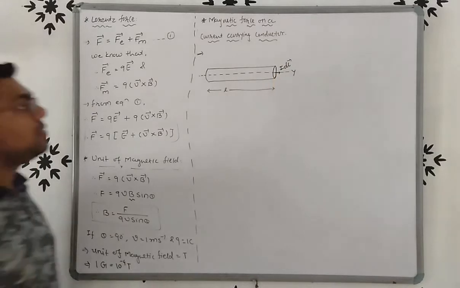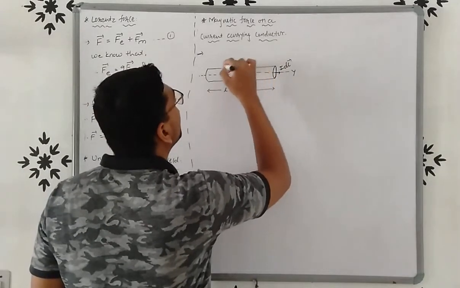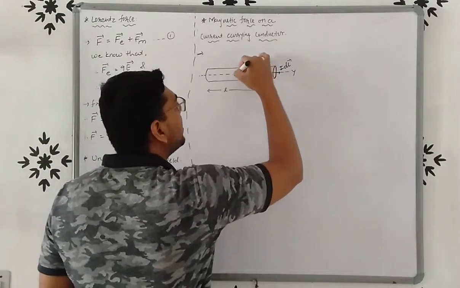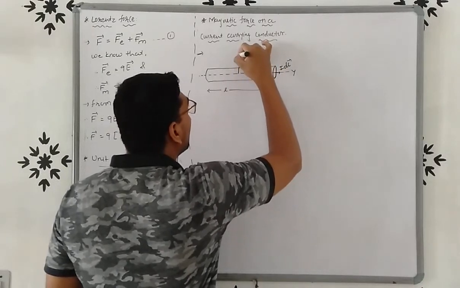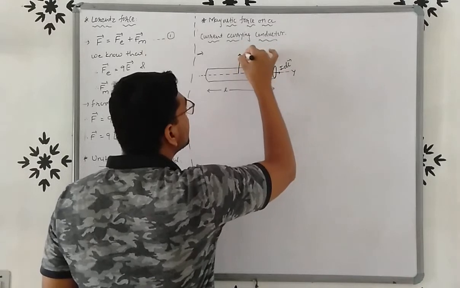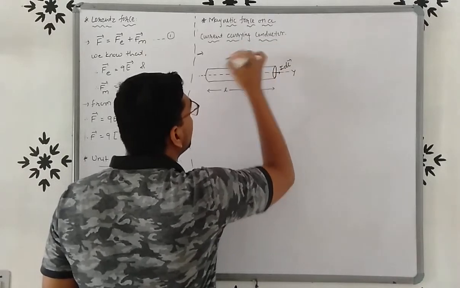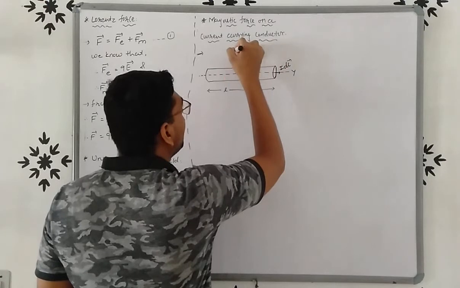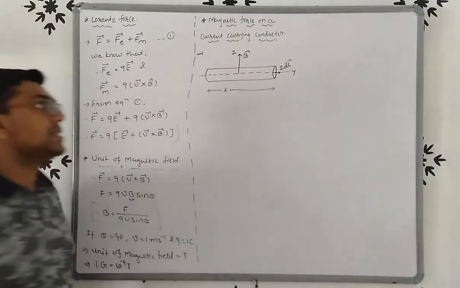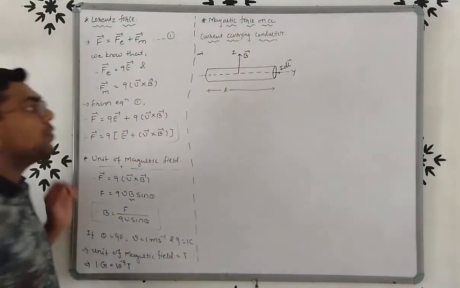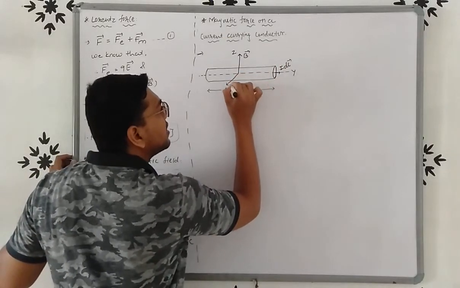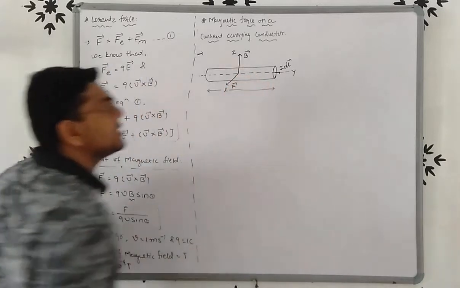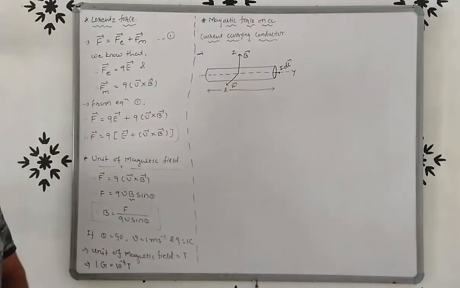Now the magnetic field is on Z axis. So the force is like this on the x axis, like this, right?